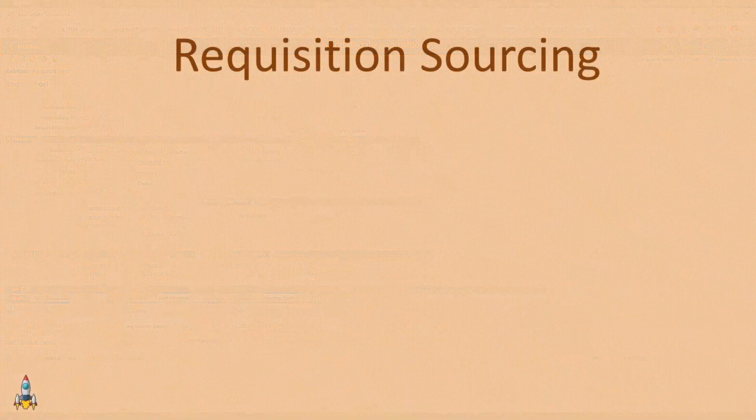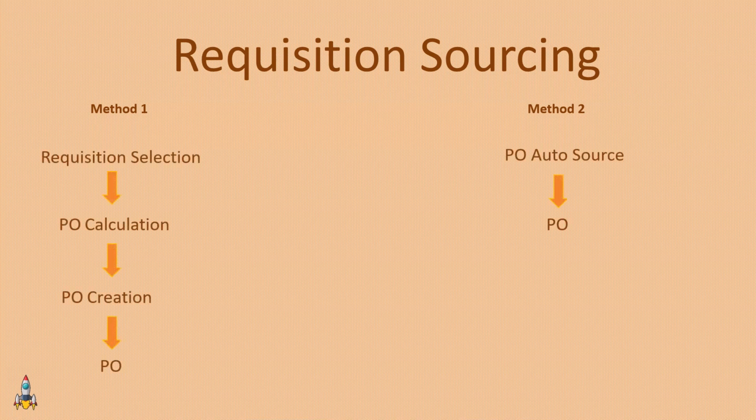When it comes to sourcing a requisition into purchase order, there are two methods to perform this operation. The first method is by running three processes individually, one after another, and the second method is running just one process to obtain the purchase order.